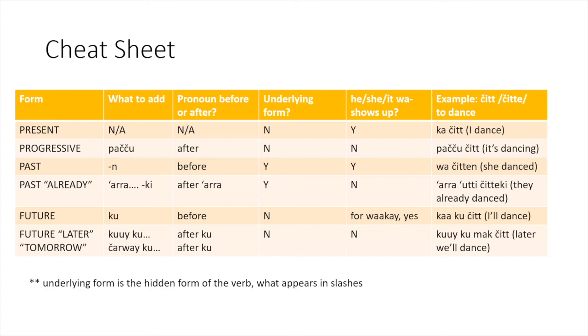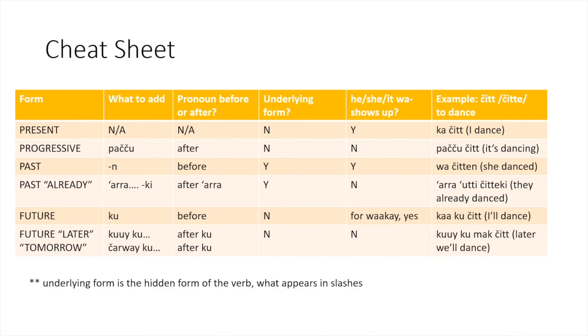And I just compiled a cheat sheet here. Hopefully you can screenshot this in some way on your laptop if you need this. But let's just go over it. So I put the form, which means what tense, what to add, like what words, suffixes, anything like that. Pronoun before, after, explains the position where you put ga, me, wa, etc. Underlying form tells you if you need to know that hidden vowel. He, she, it, wa shows up.